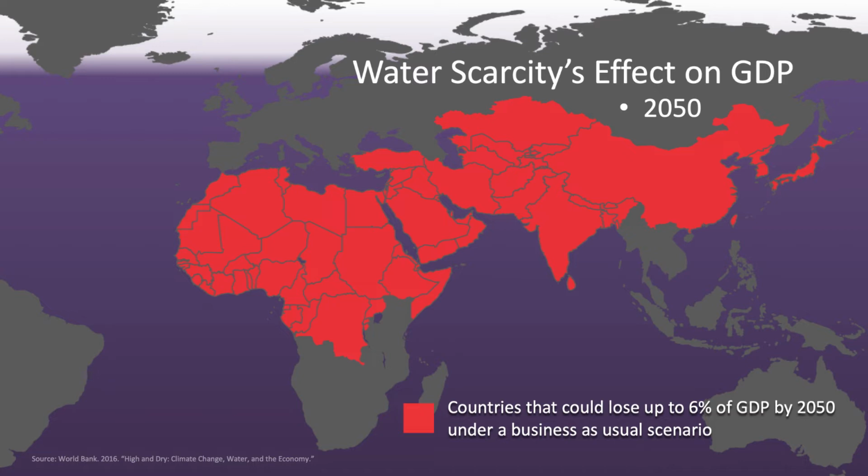So water scarcity is a real challenge, and it may actually lead to climate refugees. So the UN has estimated that somewhere between 25 and 700 million people may need to migrate due to lack of water in certain parts of the world.